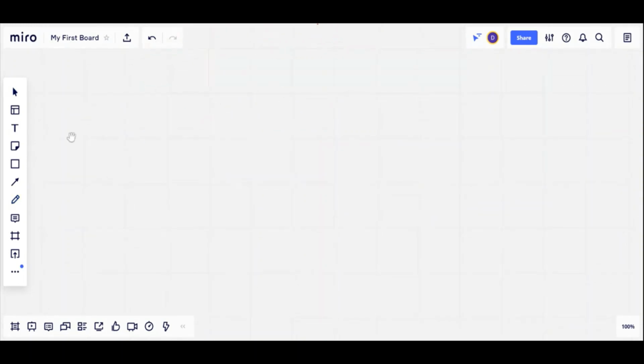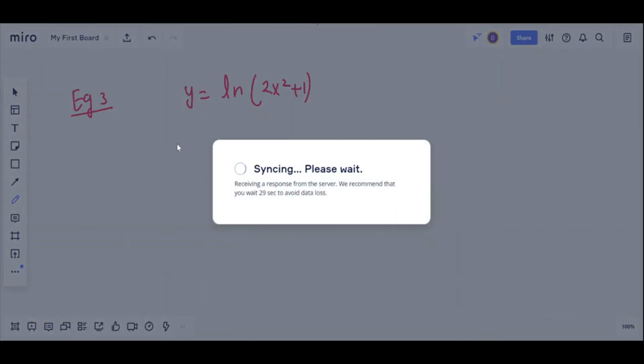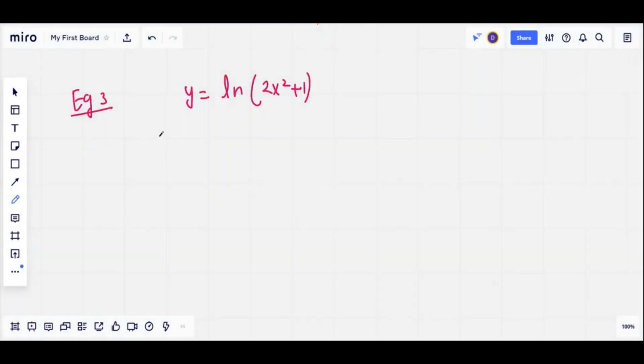Let's talk about another example. We have to differentiate y equals natural log of 2x square plus 1. Here dy over dx again uses the chain rule. First we differentiate ln of something, which is 1 over something.